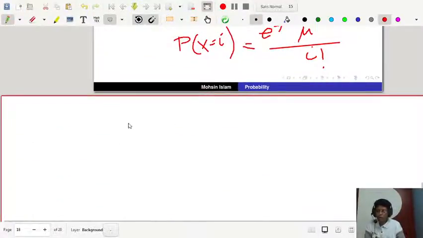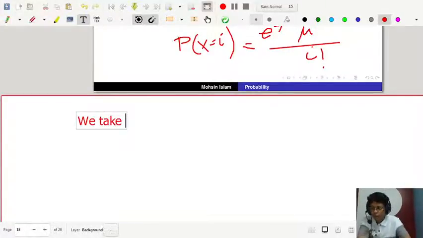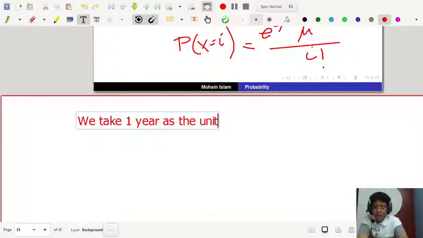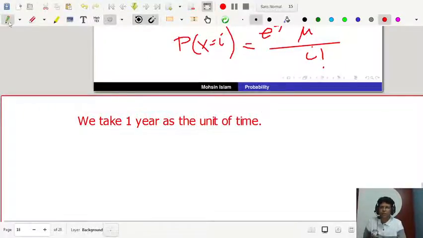You have to take the unit of time, right? We take 1 year as the unit of time.